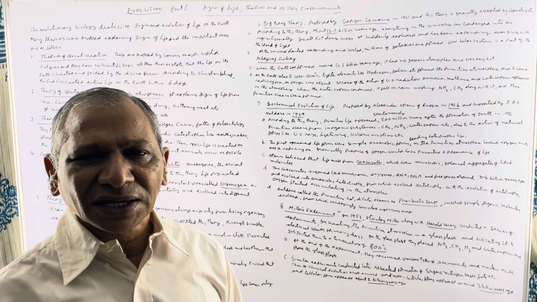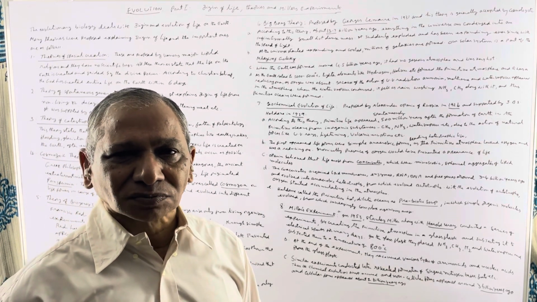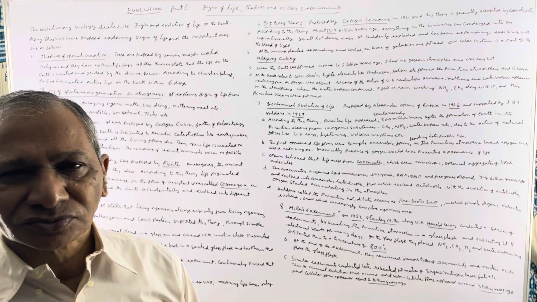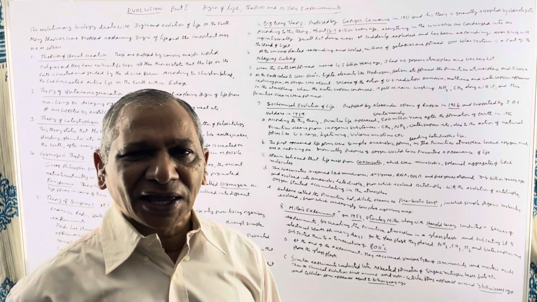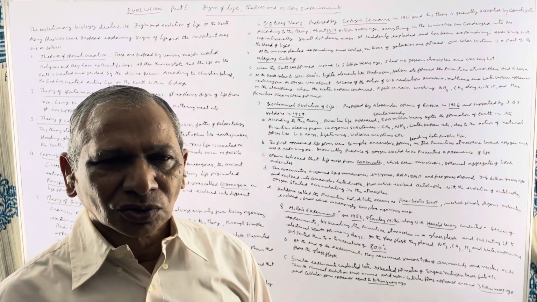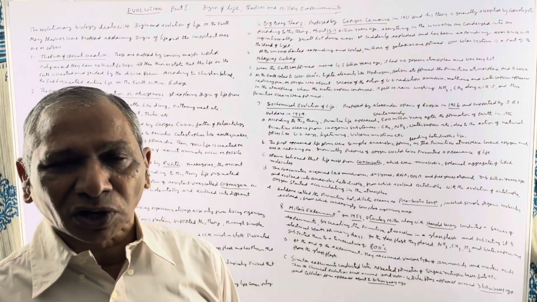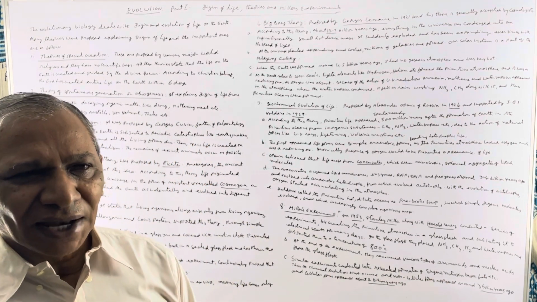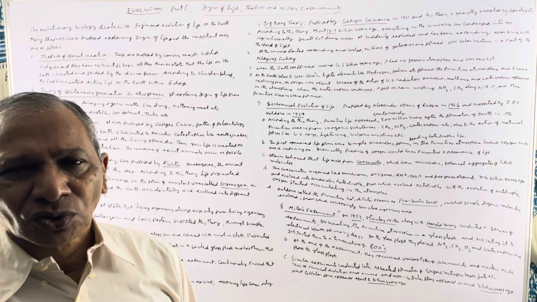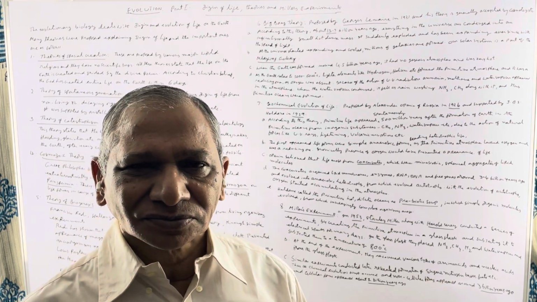And gradually they have evolved into anaerobic forms or heterotrophs. I have told you the primitive atmosphere had no oxygen. So, life appeared first in the form of anaerobic forms which were heterotrophs. Gradually, these heterotrophs evolved into cyanobacteria.